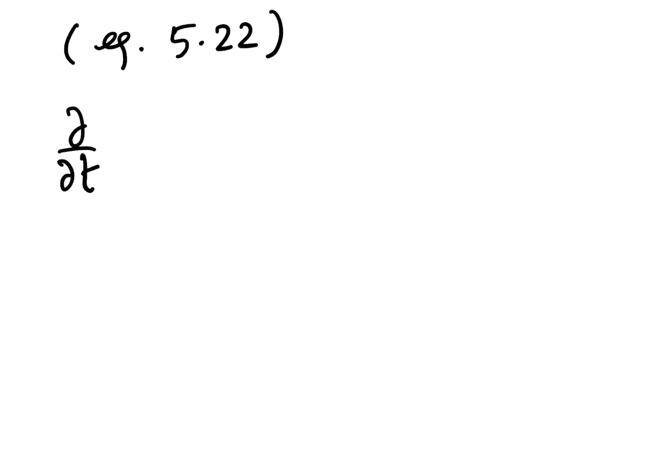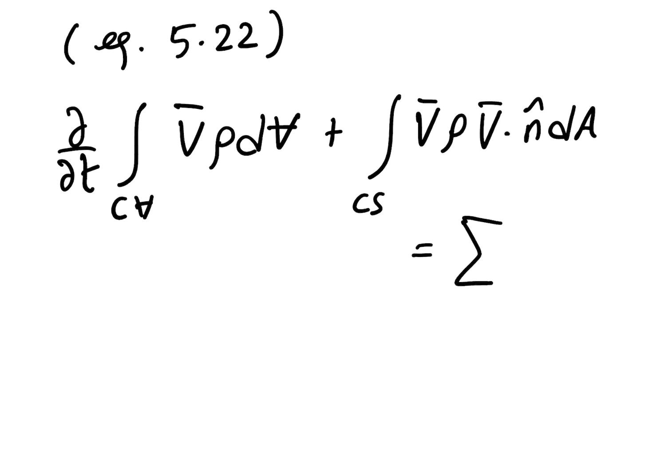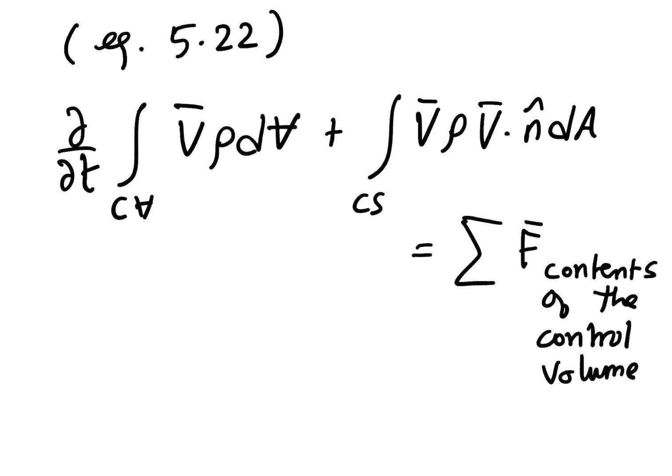So how do we write this here? This is also the same as equation 5.22 in the book, where it is written as the integral over the control volume of v rho dV plus the integral over the control surface of v rho v dot n cap dA, and that is equal to the sum of all the forces over the contents of the control volume.